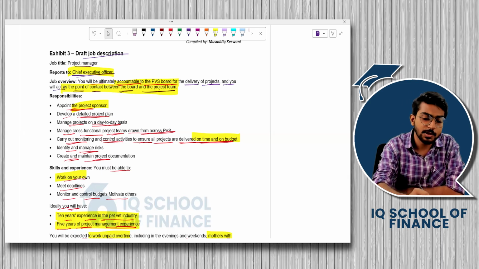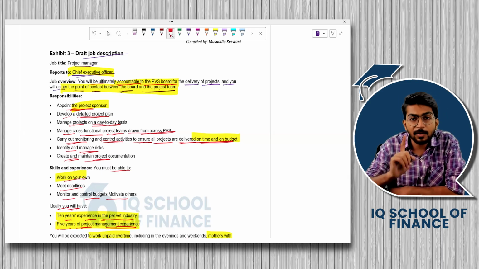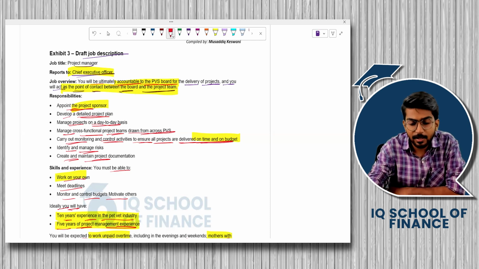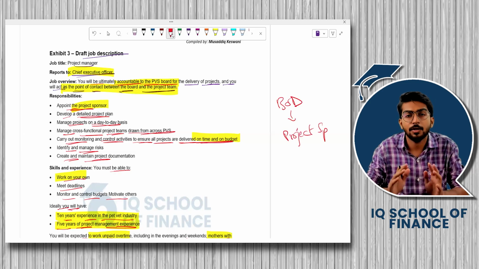So let me just assist you guys because most of you have not covered this. The number one thing is that this is the hierarchy: board, then project sponsor. Who are project sponsors? Project sponsors are the people or the person who laid the project in front of the board. He gets the project approved and then he reports to the board.